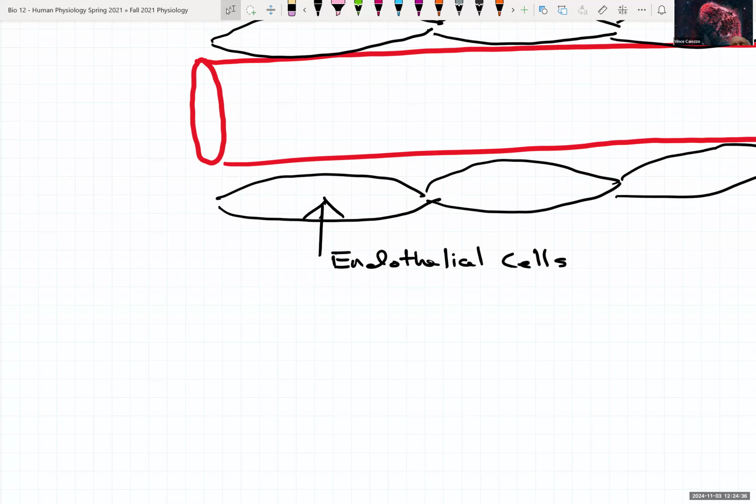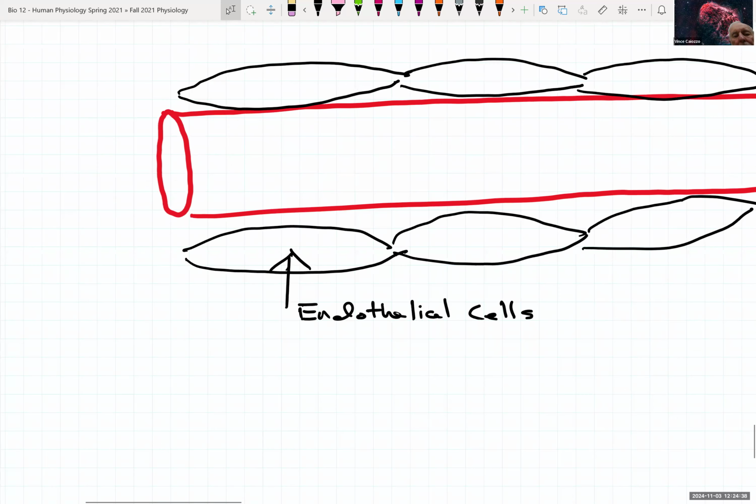And as blood flows through this blood vessel, so here I'm going to write flow of blood, there's red blood cells flowing along the surface of these endothelial cells.